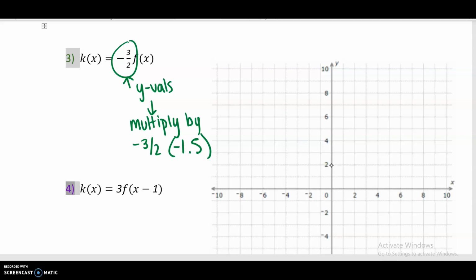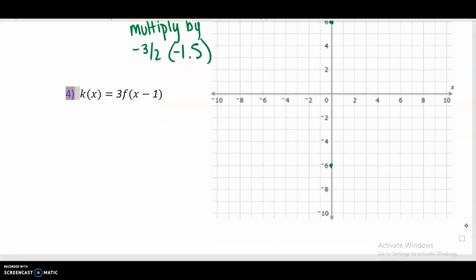So really you're making all the y values negative. For example, if your y value was 6 and you multiply it by negative, it's going to come down here and be negative 6. Or if your y value was 4, it's going to be at negative 4. Or if your y value was already at negative 2, it's going to become positive 2. So you'll notice each of those points I drew reflects over the x-axis.